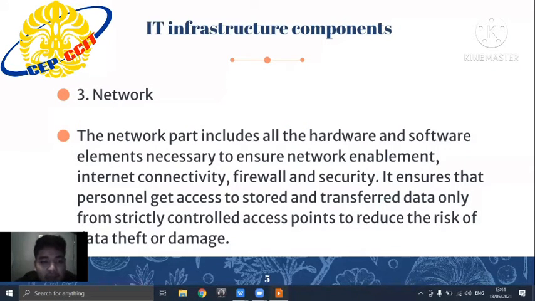Next is network. The network part includes all the hardware and software elements necessary to ensure network enablement, internet connectivity, firewall, and security. It ensures that personnel get access to stored and transferred data only from strictly controlled access points to reduce the risk of data theft or damage.